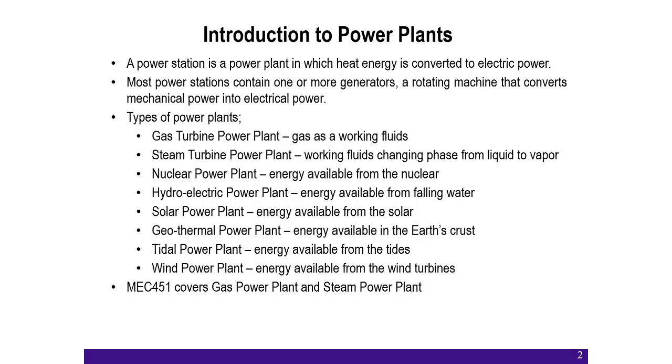Basically, we use a dam for falling water. And number five is solar power plant. Basically, this is a renewable energy. So the source is from the sun. And number six is geothermal power plant. Basically, the source of energy comes from the earth's crust, which is the geothermal.